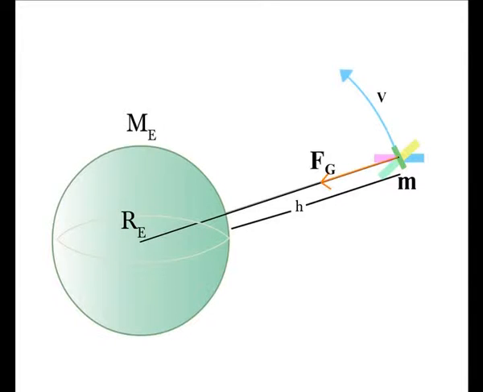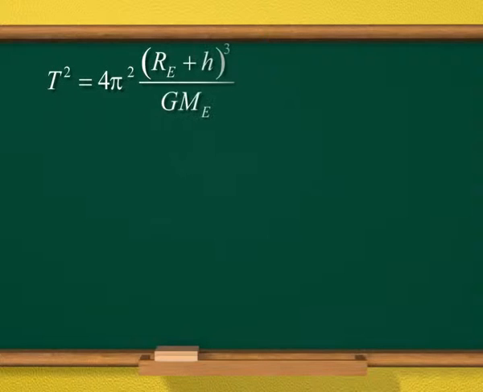Knowing the time period of a satellite orbiting in an orbit, we can also measure the height of the satellite from the Earth's surface. From the expression we have T square equal to 4 pi square into cube of Re plus h upon G Me.